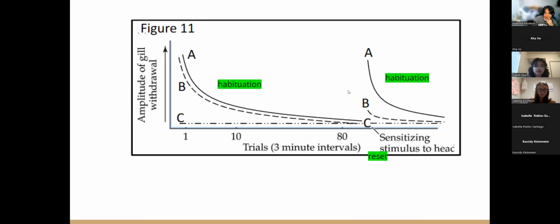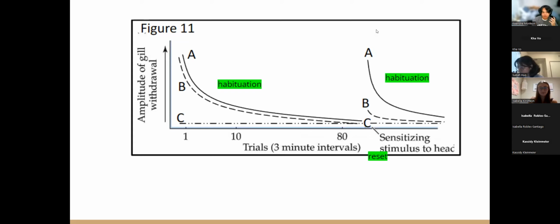Another way of getting C, where essentially it flat lines, is through Botox, right? Remember, botulinum toxin causes the degradation of SNARE proteins. And remember what SNARE proteins are responsible for? They're responsible for neurotransmitter release.